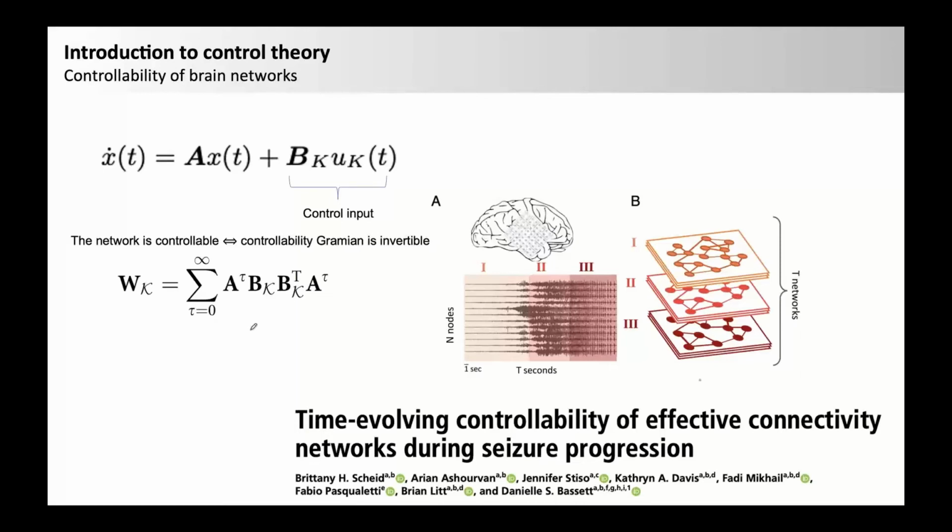So controlling the brain is a huge challenge, and a really nice challenge right now in this field of research, because this is actually what we're trying to do with all the stimulation. We are trying to control brain dynamics. We are trying to bring the brain from a certain dynamical state into another dynamical state.